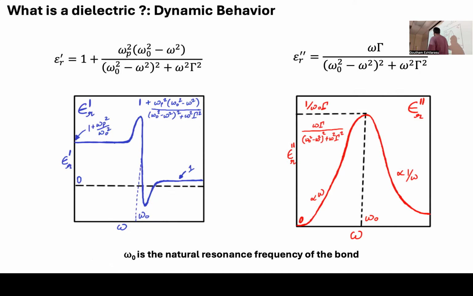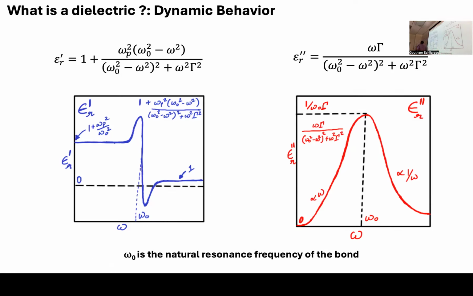And then when you go beyond a certain frequency, which is the omega naught or the resonance frequency of that bond, it no longer responds to the field. So it starts behaving as if it is air, right? Because the material is no longer responding to the field itself, right? And what you notice is that near this point where this cutoff is happening, near the point where it's transitioning from kind of this.